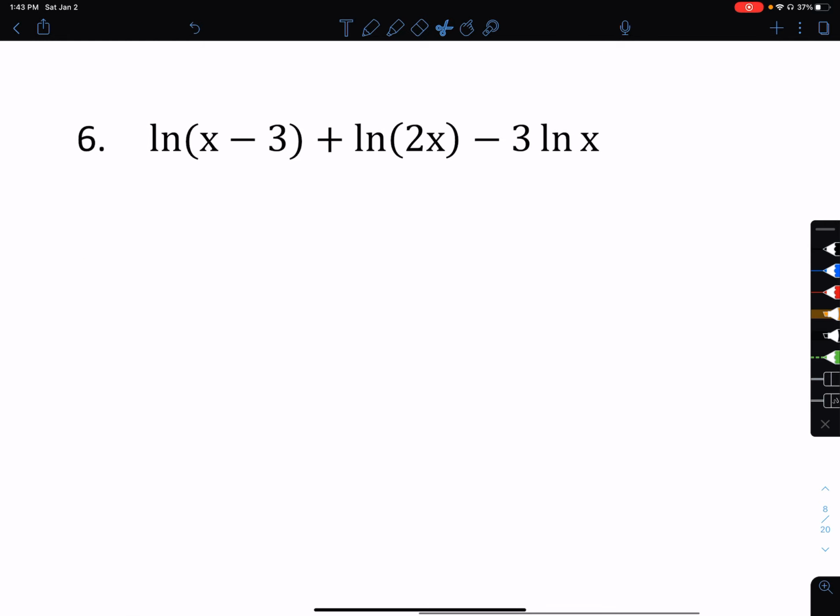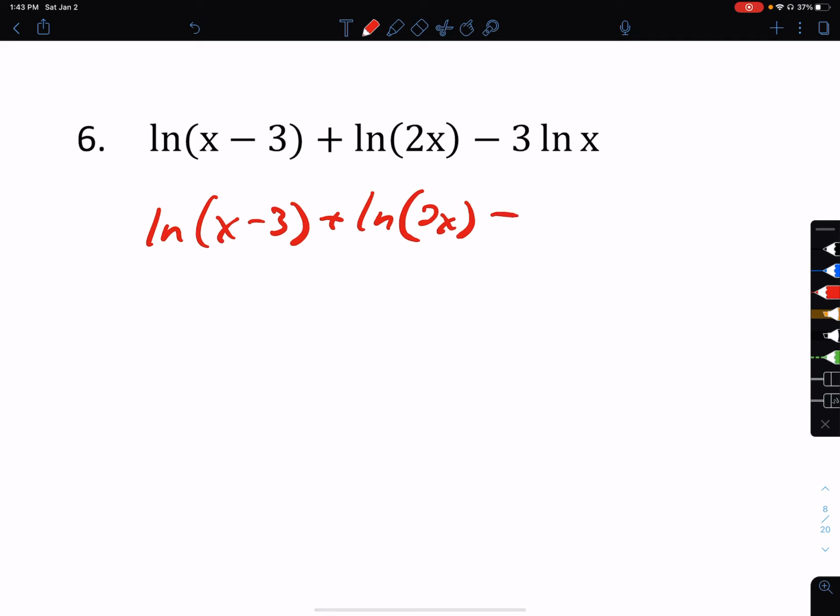Number 6, no coefficient. No, we got a coefficient. So this is natural log of the argument x minus 3 plus natural log of the argument 2x minus natural log of x cubed. I want to write it as one natural log.